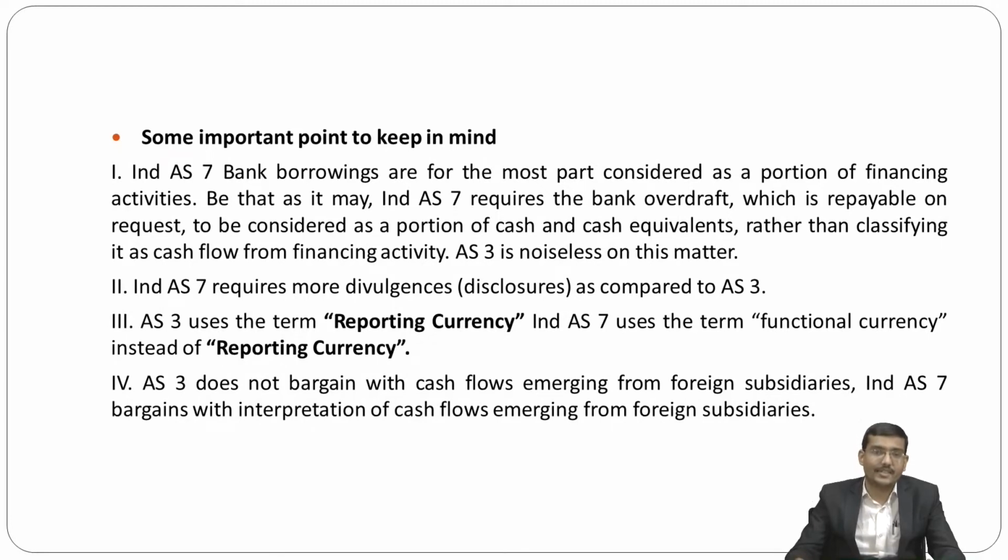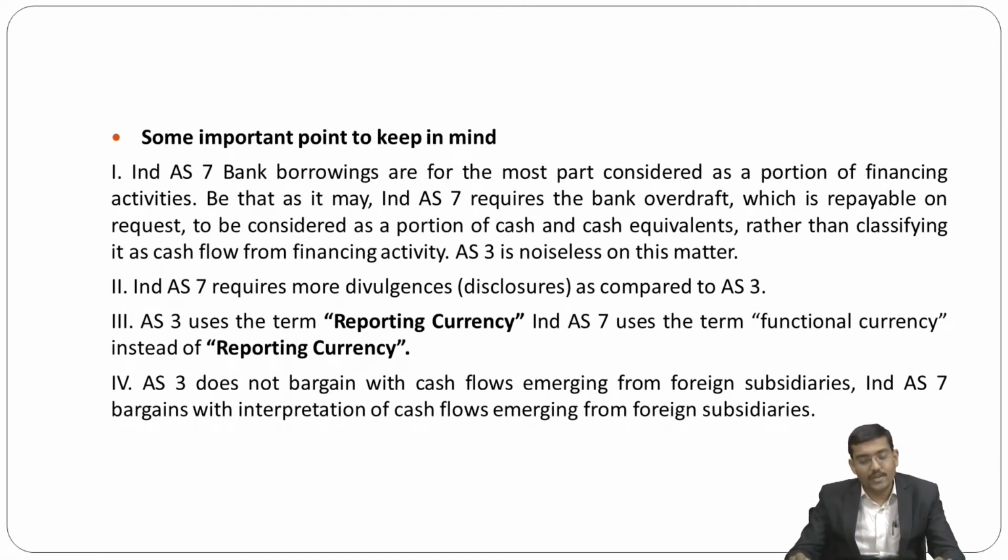However, Indian Accounting Standard 7 requires a bank overdraft which is repayable on demand to be considered a portion of cash and cash equivalents, rather than classifying it as cash flow from financing activity. And Accounting Standard 3 is silent on this matter.